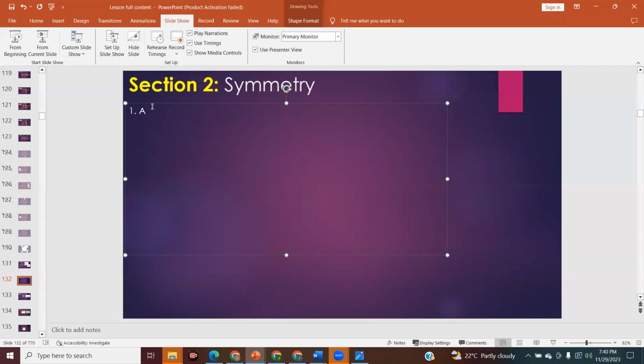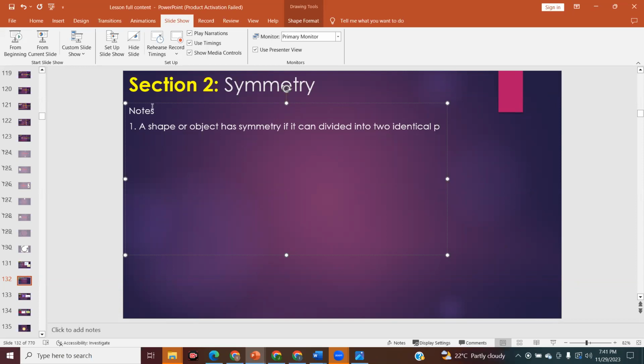So number one, let me just say notes. A shape or object, please write this down, has symmetry if it can be divided into two identical pieces.